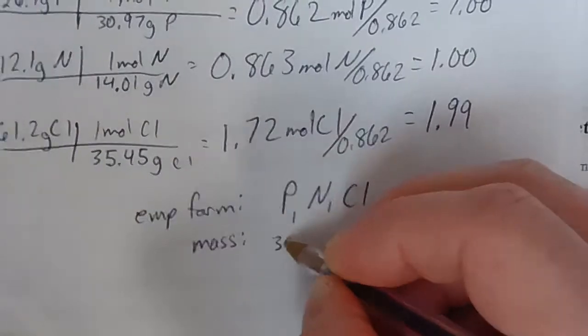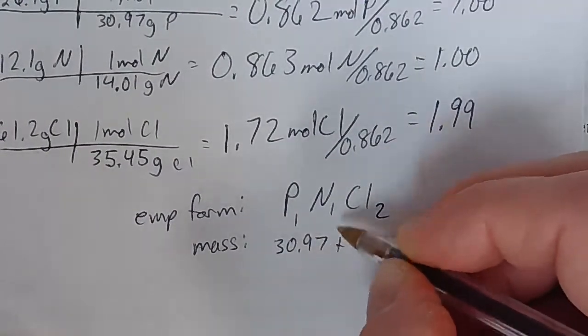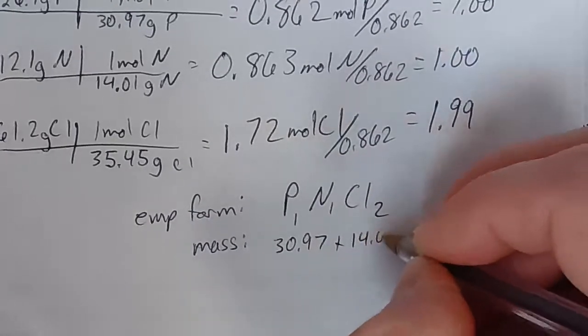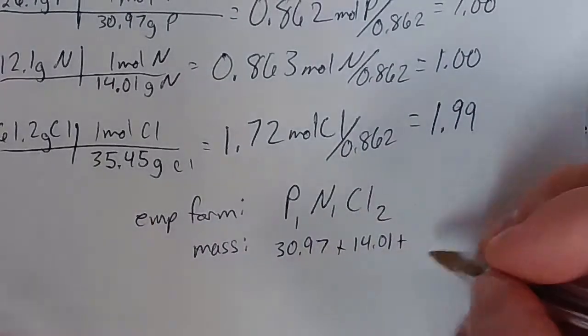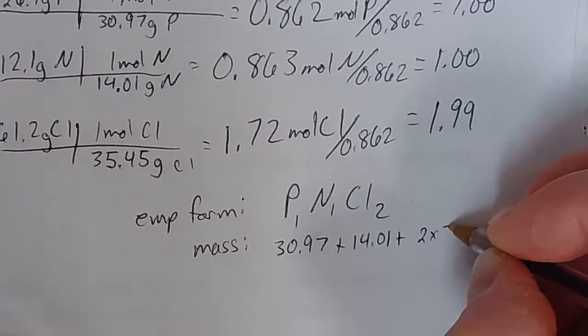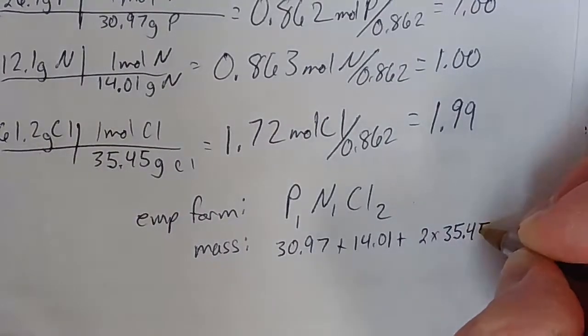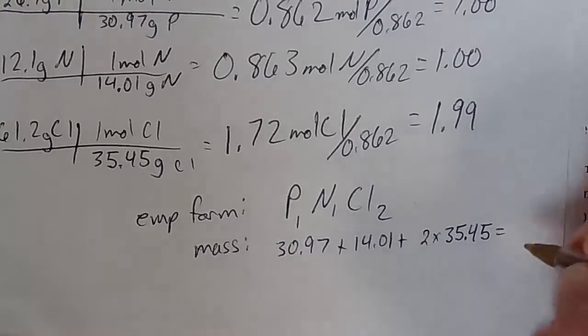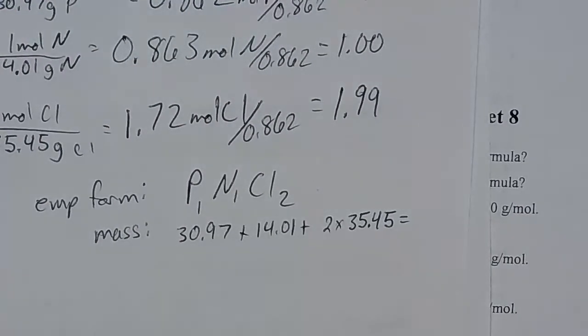So the phosphorus is 30.97, and there's just one of them. The nitrogen's 14.01, also just one of them, and then 2 of the chlorine, so 35.45 times 2. And when you add those up, anybody got it? 115.88.